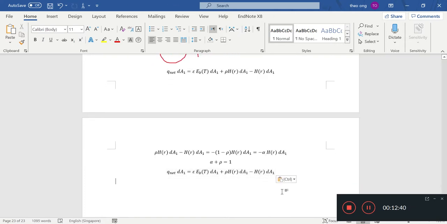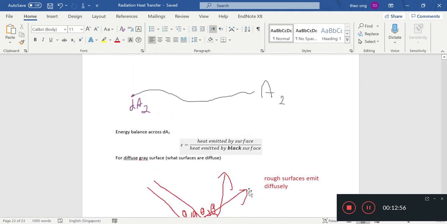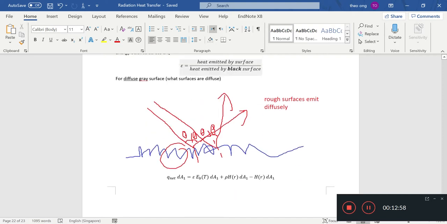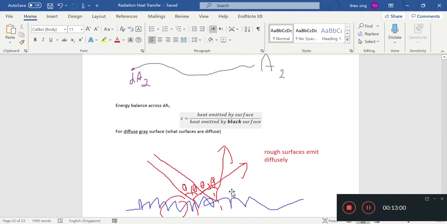We want to simplify our analysis because we don't want to keep track of what is emitted and what is reflected, if possible. We always want to simplify our analysis. And for a gray surface, because the spectrum doesn't matter, there's no black body spectrum that we need to take into account, what frequencies.